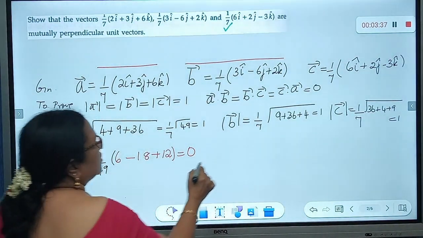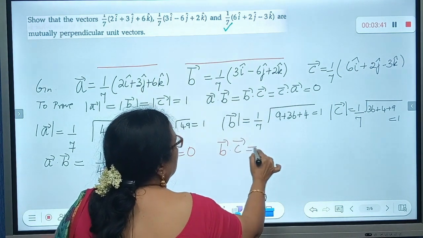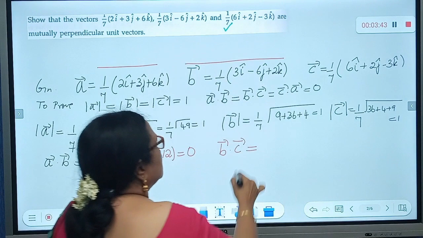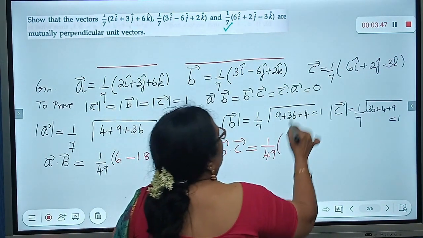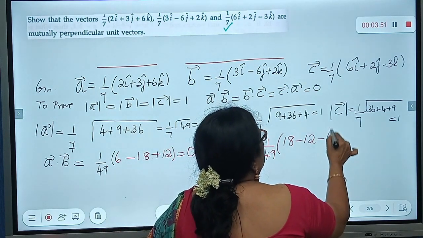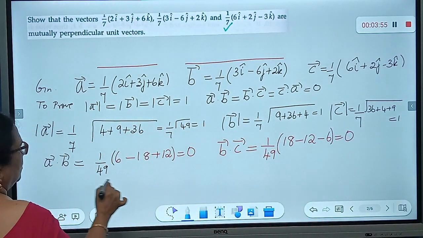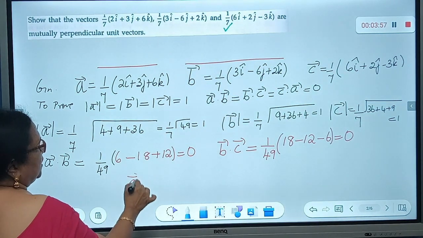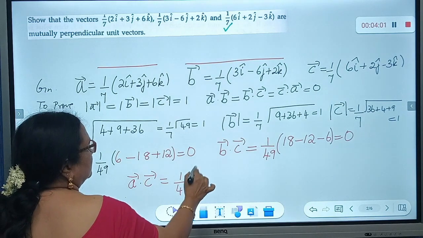What is B dot C? Now B dot C is 1 by 49, 18 minus 12 minus 6 which is again 0. A dot C will be 1 by 49.